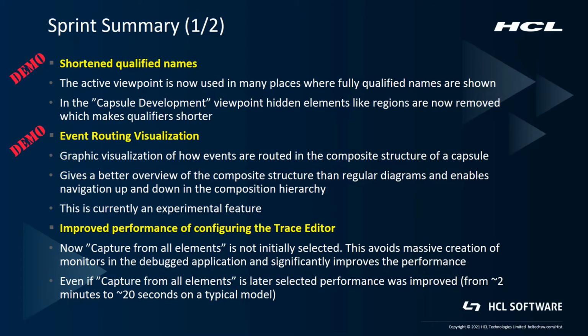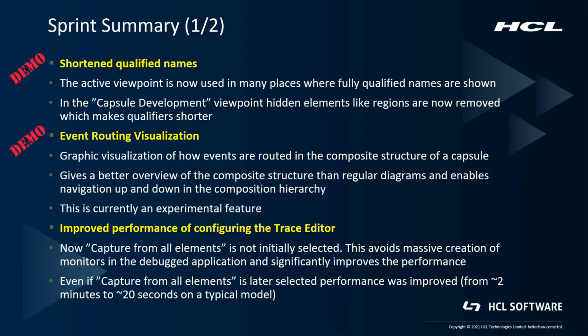Then we worked on performance improvements for the tracing. We had an issue that when you started to trace, by default, it was set to capture traces from all elements, which basically doesn't work if the model is of any realistic size. So it works, but it takes a bit of time.